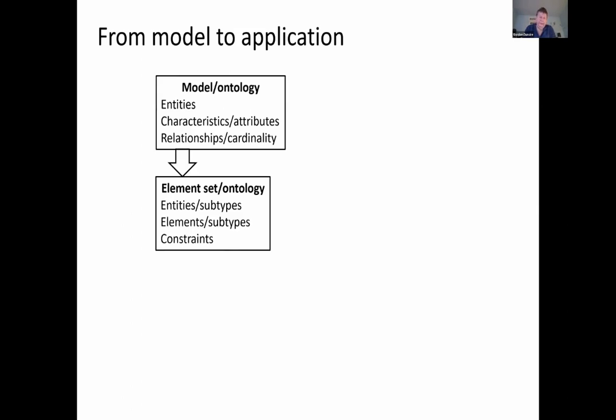We may need to refine the elements, the attributes and relationships in the model ontology, again using subtypes, and we may wish to add additional constraints to the model constraints. The result is an operational ontology.